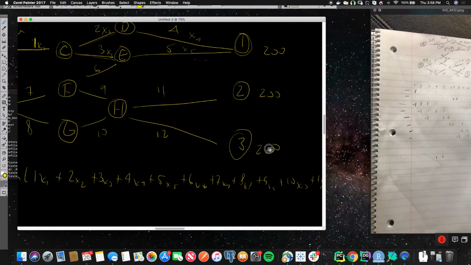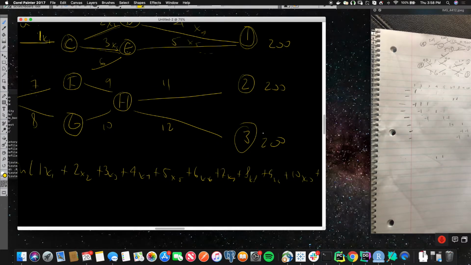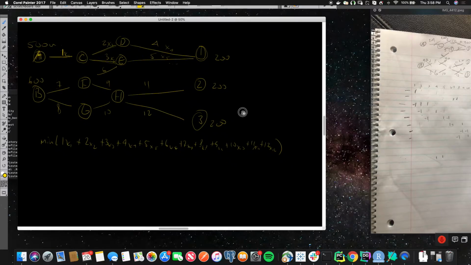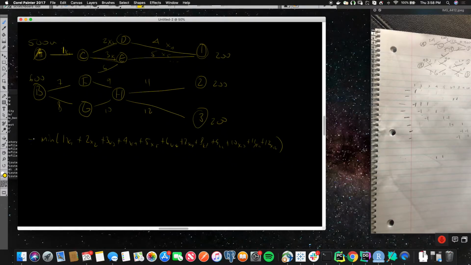All right. And so the question is, how do we write the math for this? Well, we can use linear programming, and what we've written here is an objective function. So we want to minimize this function based on constraints that we're going to build out. So we know that location 1 requires 200 units.